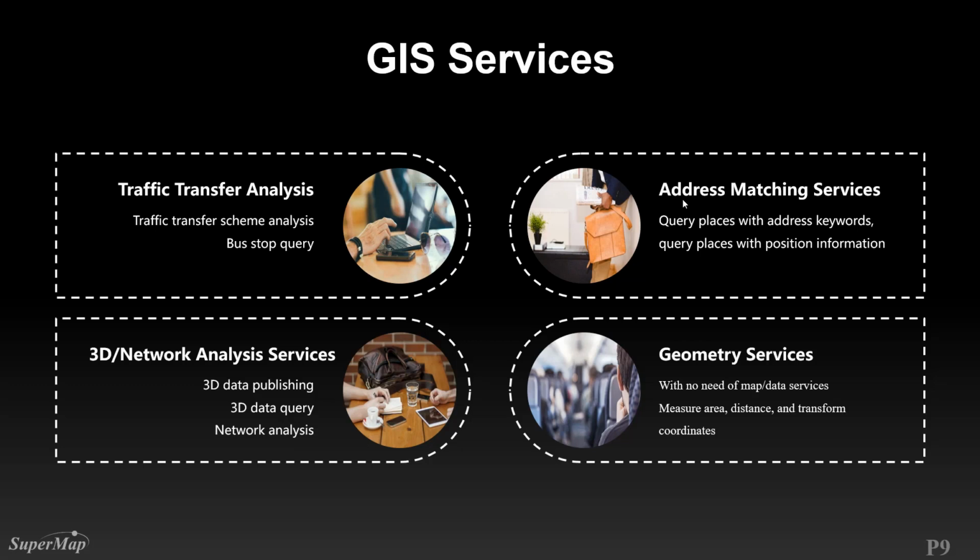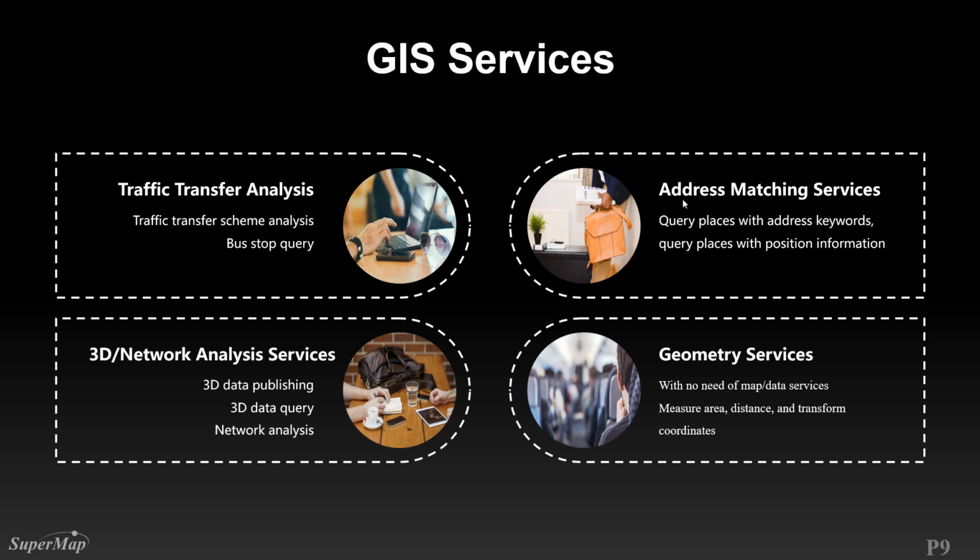SuperMap iServer has added support for the geometry service, which allows the client to measure area, measure distance, convert coordinates, and so forth, without publishing map and data services. SuperMap iServer also supports the publishing of three-dimensional scene data for data browsing.